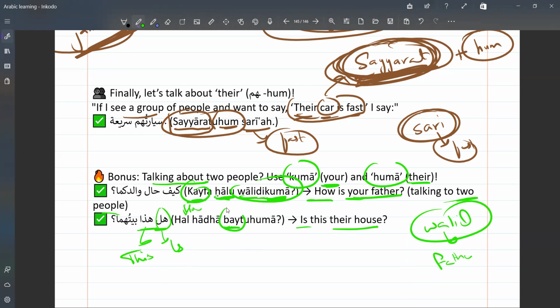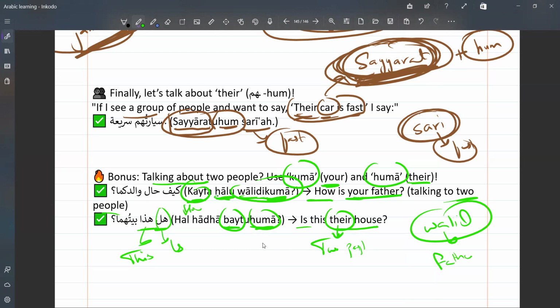Bayt means house, and huma we add when we are referring to two people. So when I say the sentence, hal hadha baytuhuma, it means is this their house? And their is referring to two people, right? So this is how we use different words for two people.